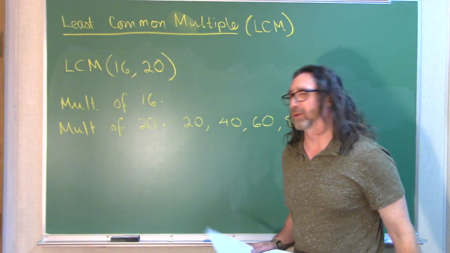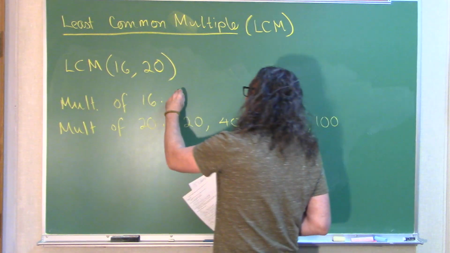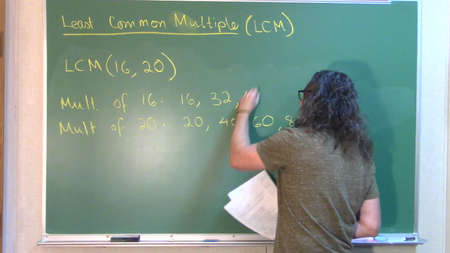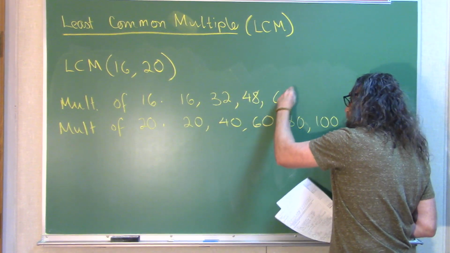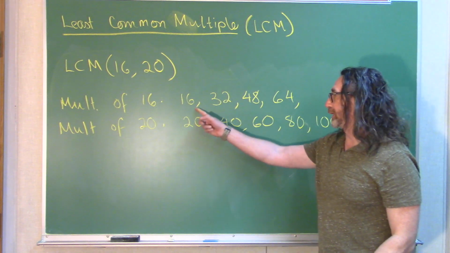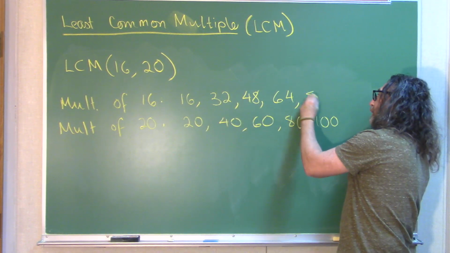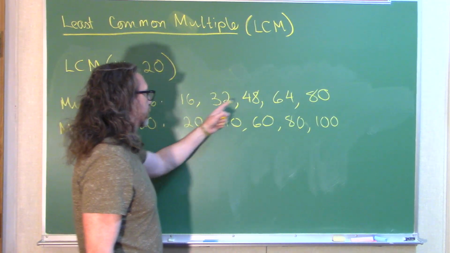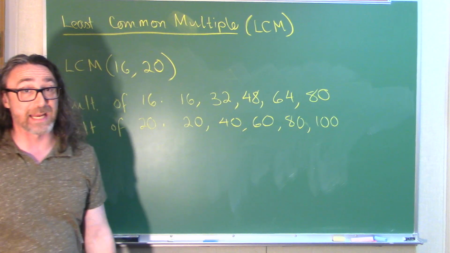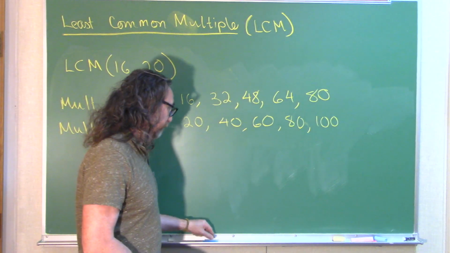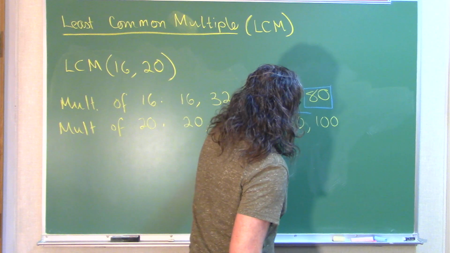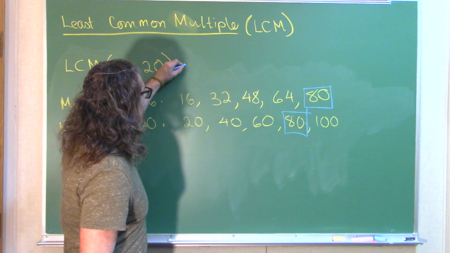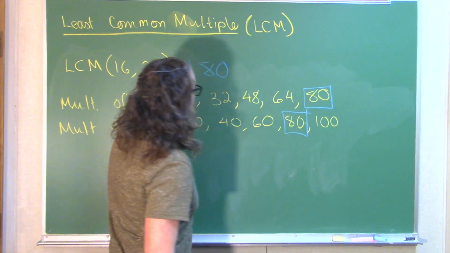I'll stop. Multiples of 16: 16, 32, 48, 64, nothing in common yet until we get here, 80. 5 times 16 is 80, and 4 times 20 is 80, so 80 is a multiple of both 16 and 20. So the least common multiple of 16 and 20 is 80.